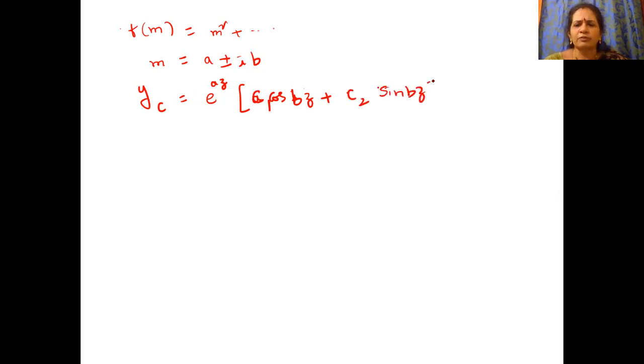Here a is the real part and b is the imaginary part of the complex number.